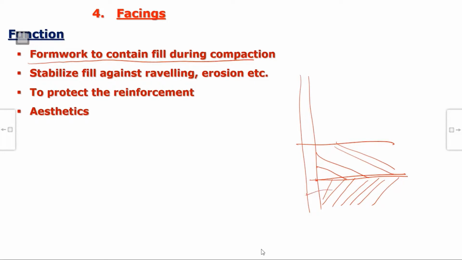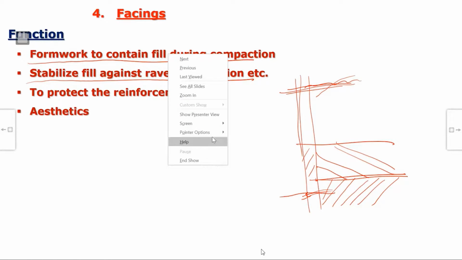So for this material not to go laterally out and collapse, this acts as a sort of formwork. It prevents this material from spreading. Then it also stabilizes the fill against raveling and erosion. If there is rain or some water stagnates here, this will prevent washout of this material. It provides containment here.